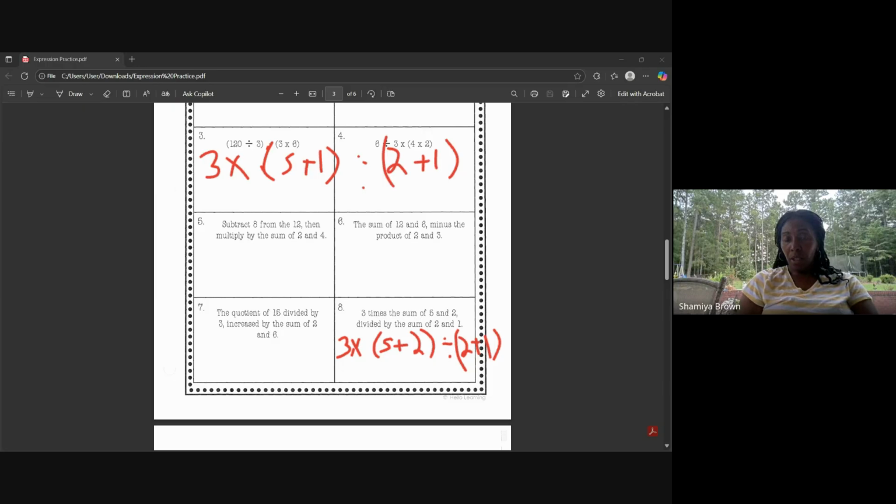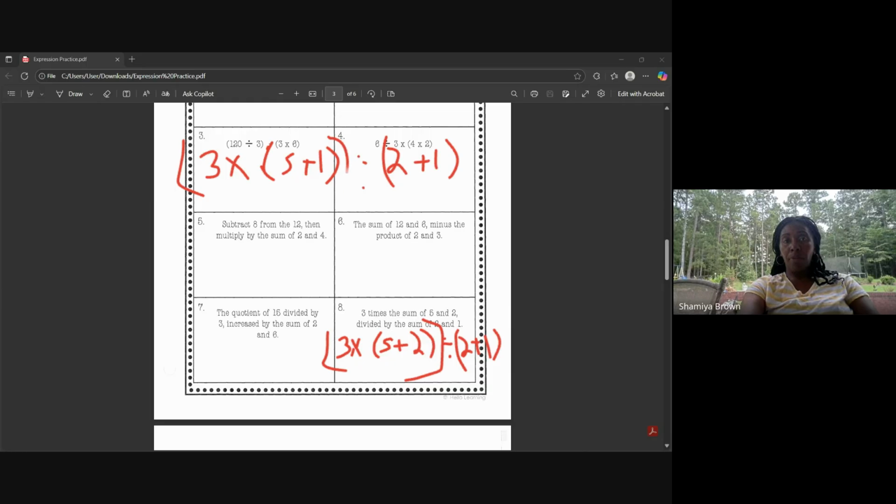Let me read it one more time to make sure. 3 times the sum of 5 and 2, so 3 times 5 plus 2, divided by, I'm dividing that by 2 plus 1. I have to divide all of this, and I need to do all of this first. Okay, so that's going to make a difference, I think.